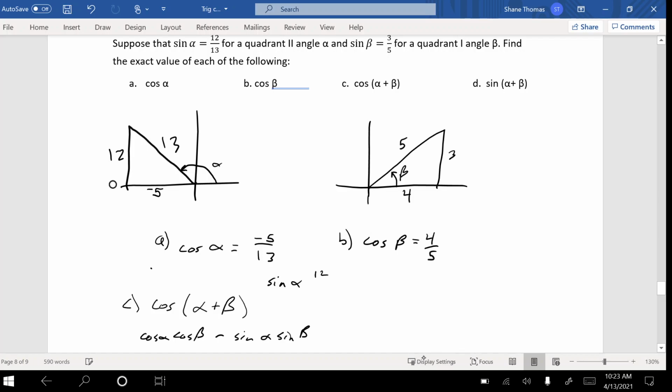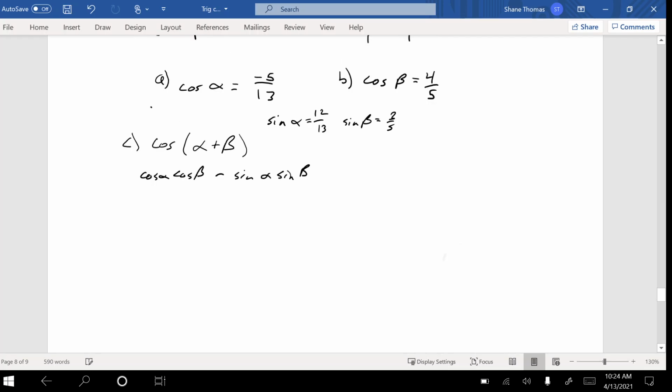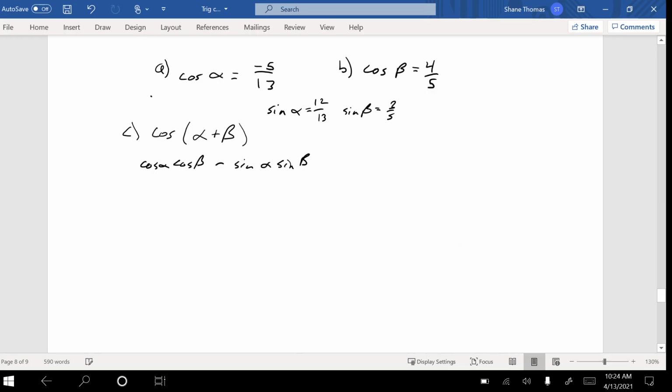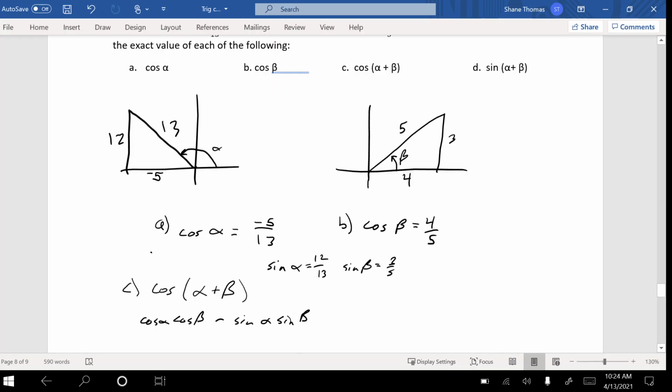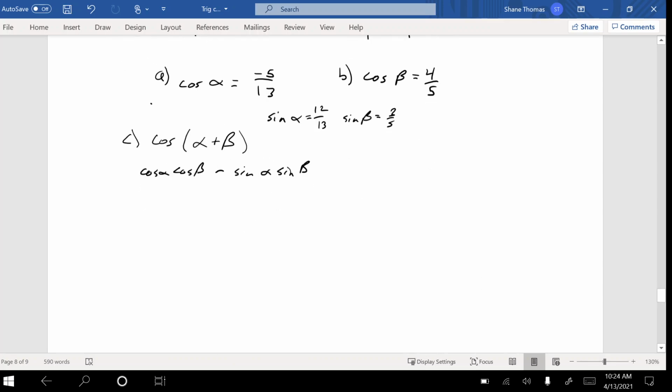Sine of alpha is 12/13. Sine of beta is 3/5. All right, so there's all four that I'm going to need. I don't even need those triangles anymore. The original problem, here and here. Okay? All right, so there's the four things I need. Here we go.